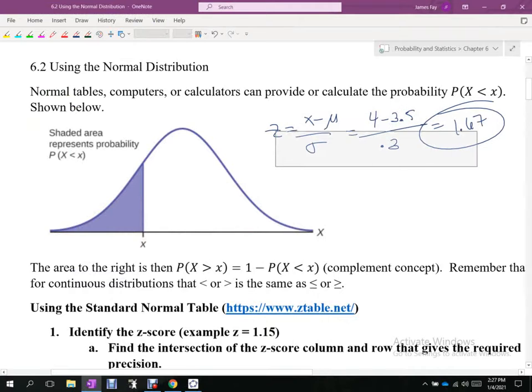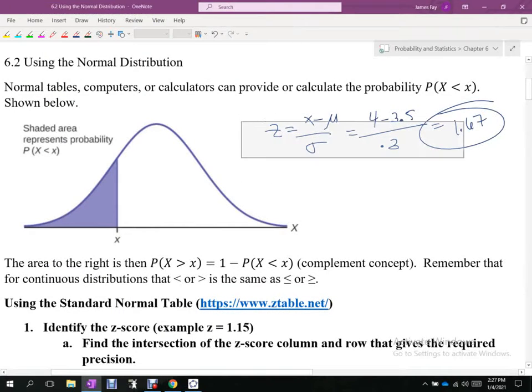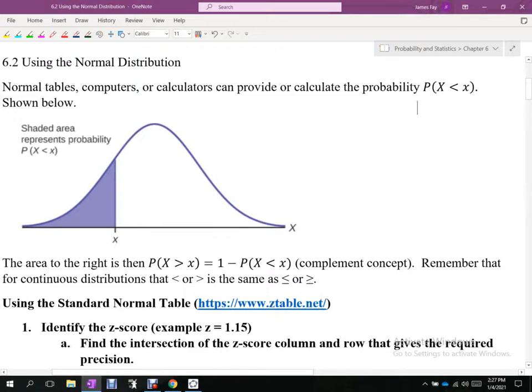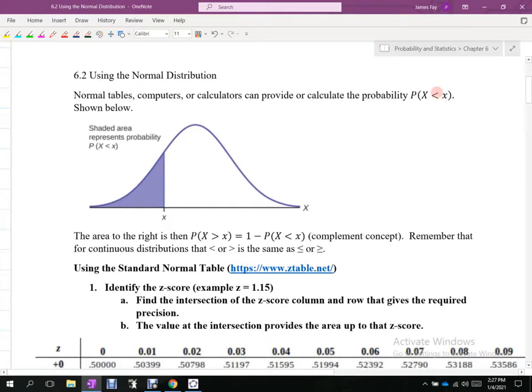Now, when we talk about the notation here, okay, the probability that x, my random variable, is less than x. So right here, I'm asking the probability that my random variable is a number less than, for that problem, 4 hours for cell phone usage, okay? That is hard to answer.